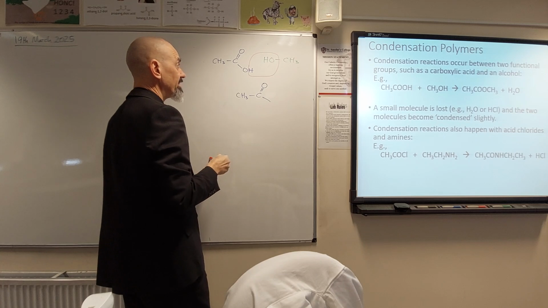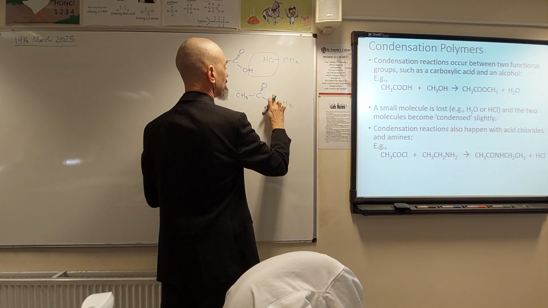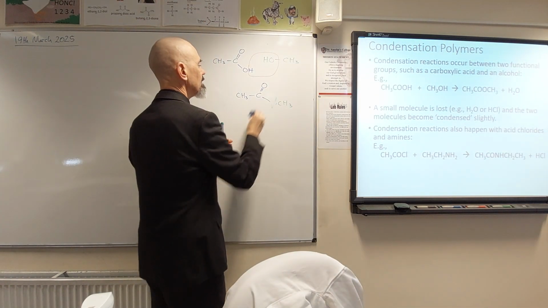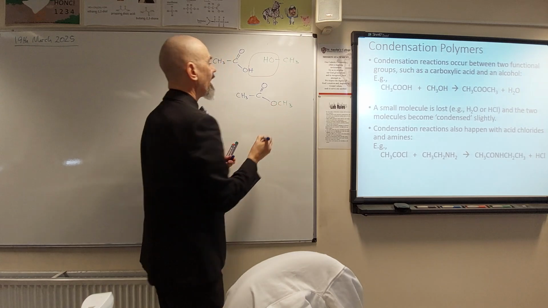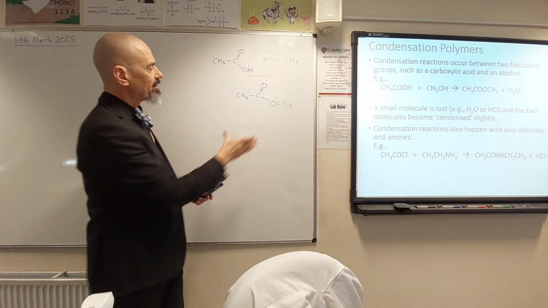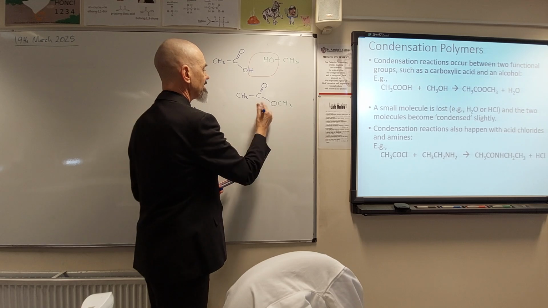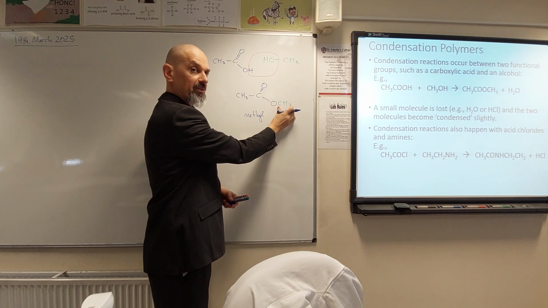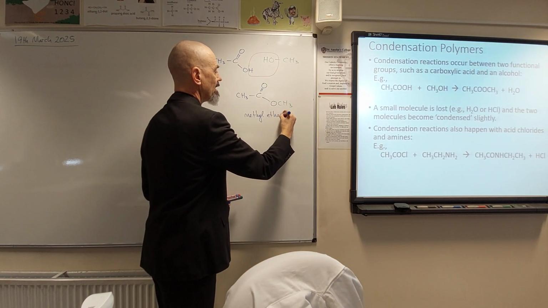So we end up with the, that was actually a blue O, wasn't it? Now I've made a mess. There we go. So the structures become condensed slightly, and that makes the ester. Remember, we name esters from the alcohol end first. Methyl ethanoate.